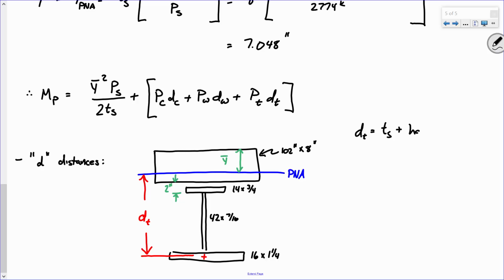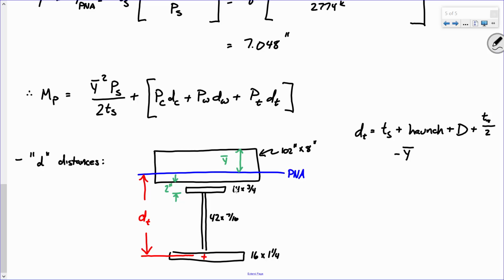The haunch. Plus what? The web. We don't add that flange thickness, right? The whole web plus that thickness over 2, right? Minus Y bar.